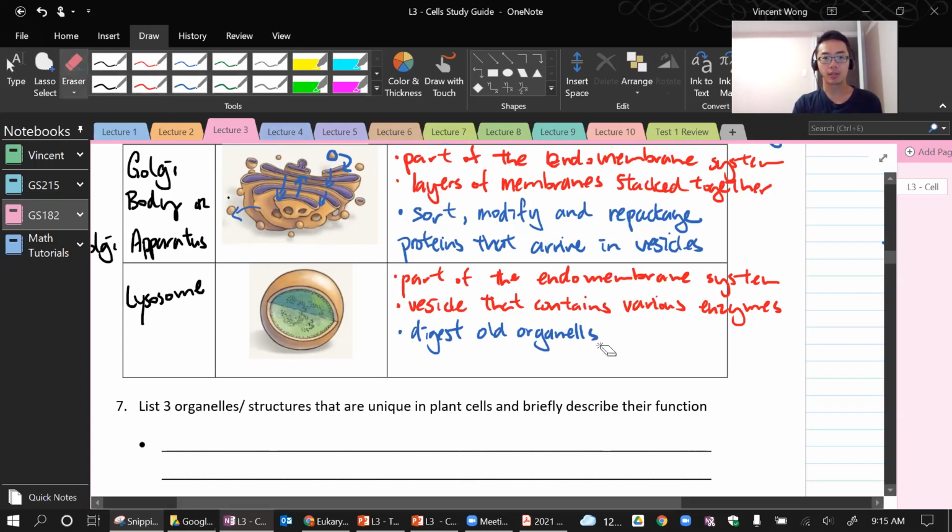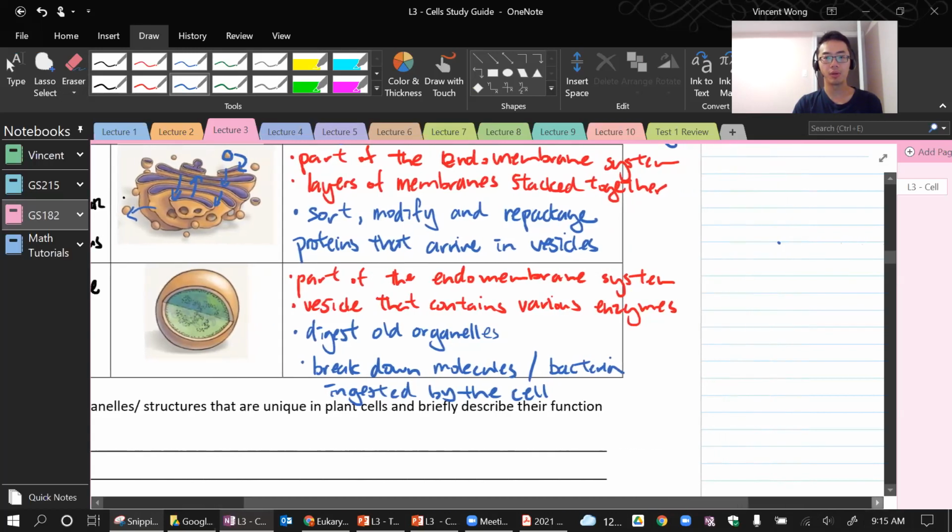Okay, that's one possible function. Digest old organelles, or it could break down molecules, or sometimes bacteria ingested by the cell.